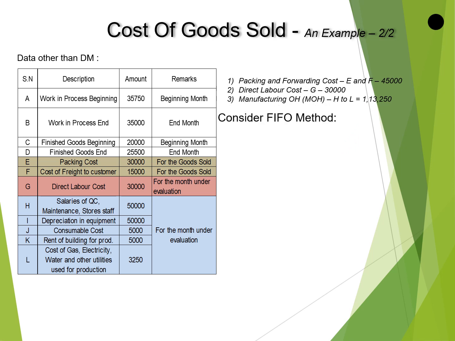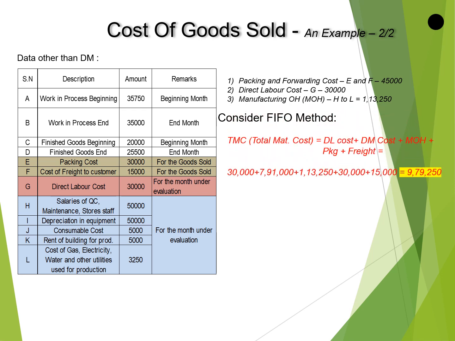Then if we calculate the cost of goods sold considering FIFO method, then the total material cost is direct labor cost plus direct material cost plus manufacturing overheads plus packing plus freight. So direct labor cost is 30,000 rupees. Direct material cost we calculated in our previous slide, and by FIFO method it was coming 7,91,000 rupees.